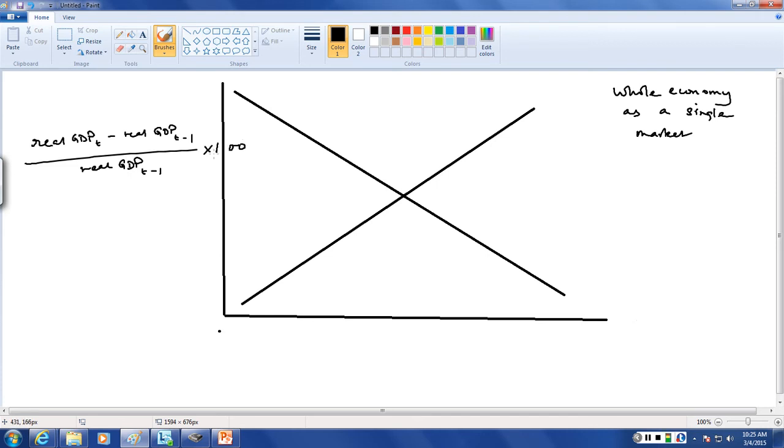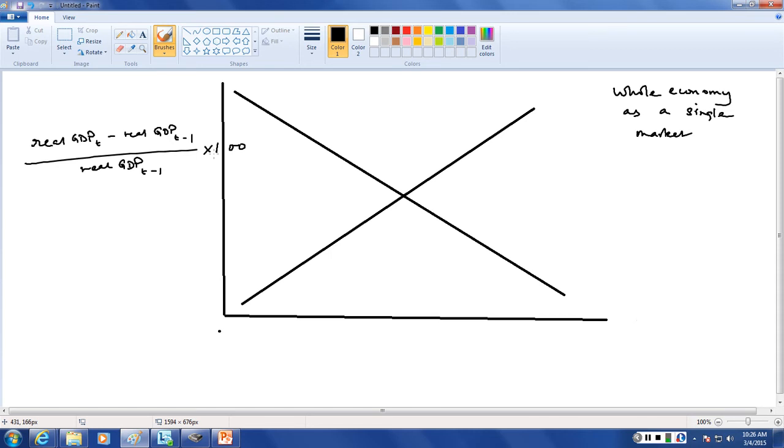Isn't that right? That's how you measure percent economic growth. We've studied this before. So economic growth is defined as the increase in real GDP, not nominal GDP, because real GDP is our measure of the actual output of the economy.